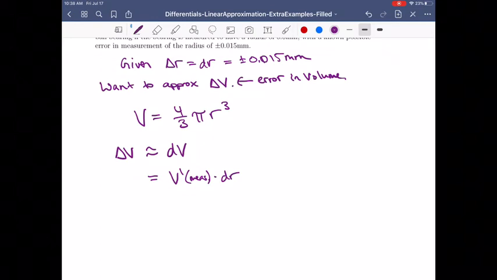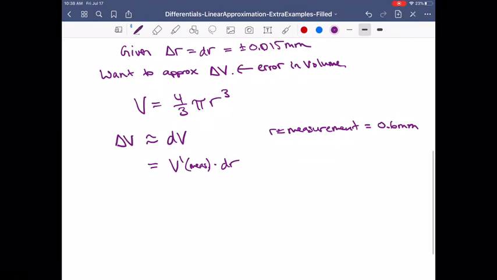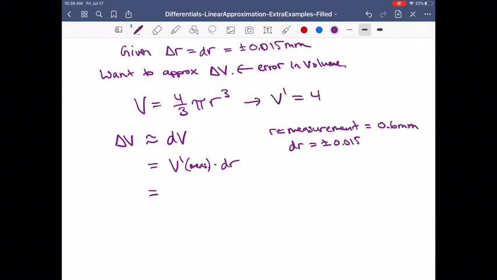So r equals our measurement that they gave us. We measured 0.6 millimeters, and the dr we said was plus or minus 0.015. So that's how far off our measurement might have been. The derivative V prime here is 4 pi r squared, because the 3's are going to cancel.